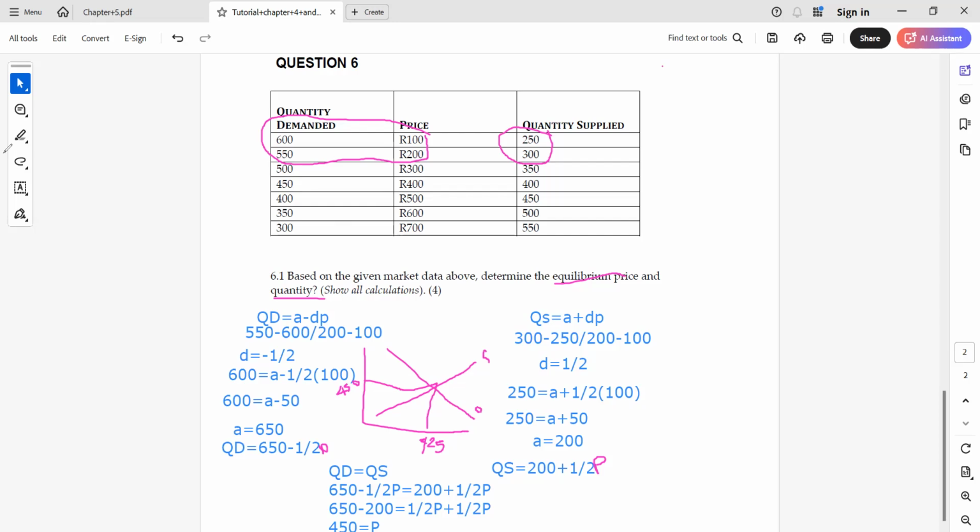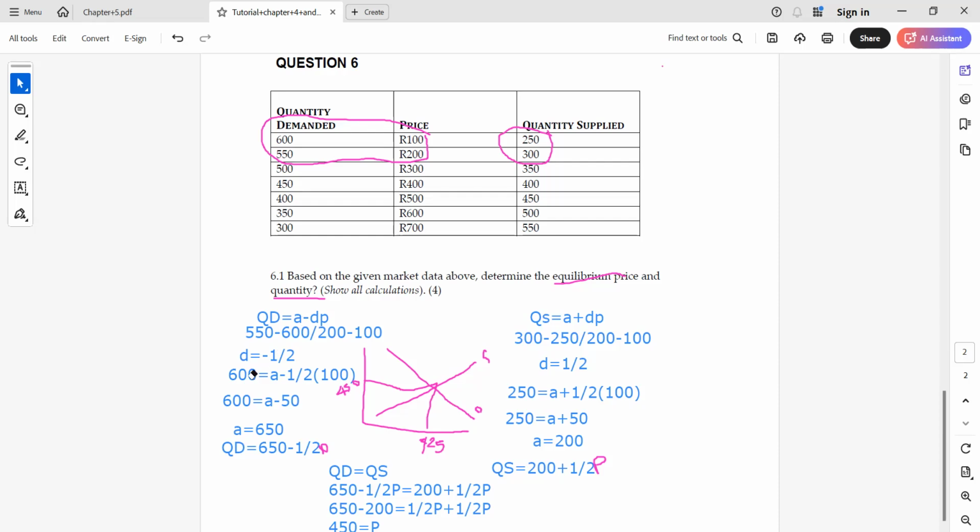So what we did here is that we first of all worked out the equation of quantity demanded and quantity supplied by firstly calculating D, which is like our gradient. We said a change in quantity demanded over a change in price. We got D, which is minus 1/2, right? And then A is our constant.